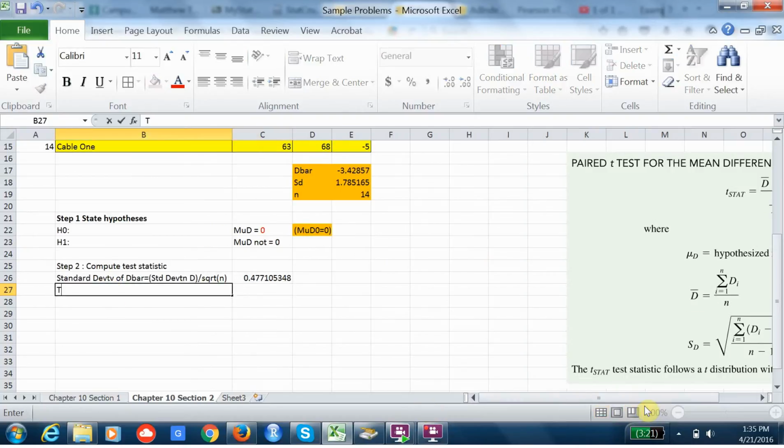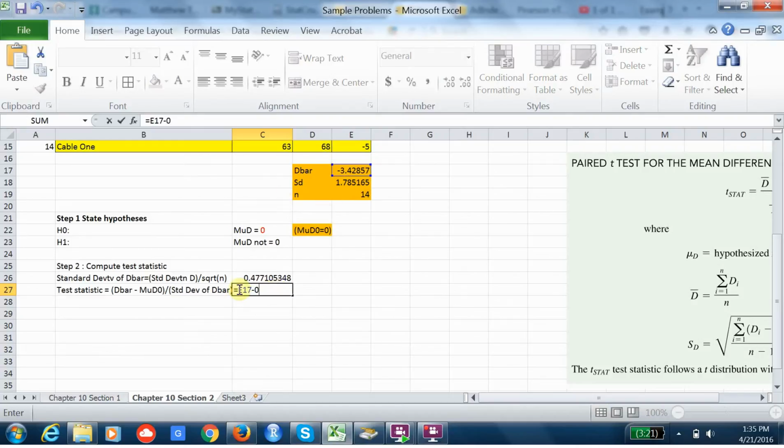So our test statistic is equal to d bar minus mu d naught divided by the standard deviation of d bar. Okay, and so we know this is equal to this value minus 0.